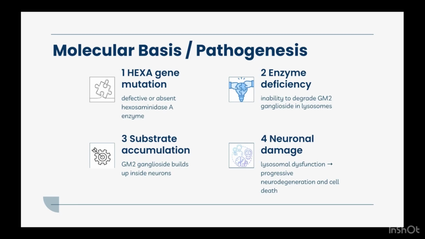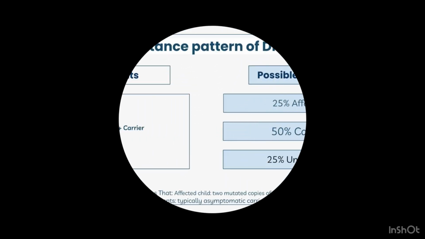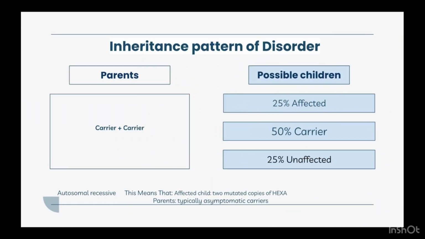Eventually, the damaged neurons undergo cell death, resulting in widespread neurodegeneration. This progressive loss of neurons is responsible for severe symptoms like blindness, seizures, and paralysis. Lastly, on my last slide, I will be talking about the inheritance pattern.